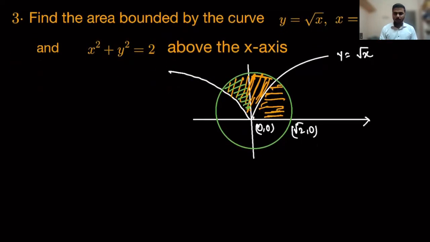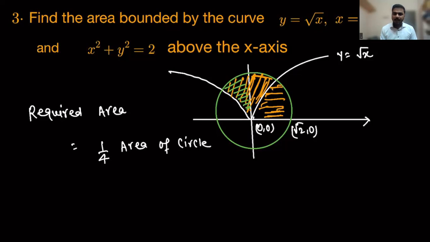So for this question, the required area should be a quarter of the area of the circle. X square plus y square is given as 2, so the radius should be root 2.